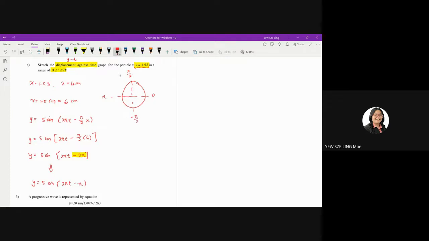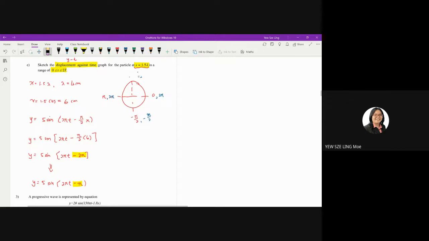This is for the first cycle. If the object keeps moving, then the origin is also equal to 2 pi. And then here would be 3 pi over 2, and here would be 3 pi. So actually pi and 3 pi both refer to the same position. So if you have a value that is greater than 2 pi, then you can actually simplify it. That is for the question.